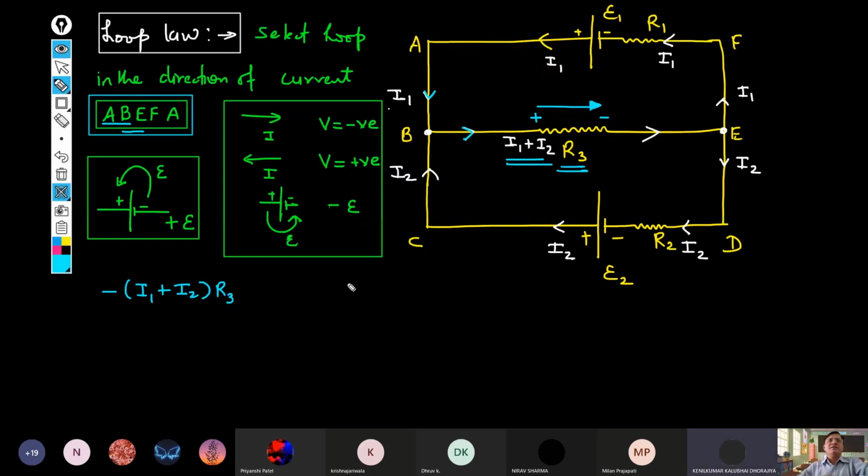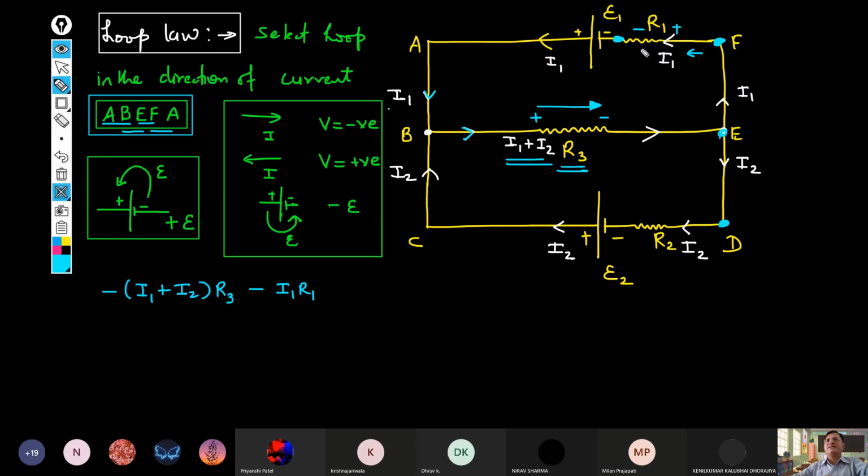Okay. Understood. Now from E to F, there is no resistance again, so nothing we will write. Now from F to A, first of all, I will talk about this much part only, R1. Again we are moving in the direction of current, so I will write minus I1 R1, because we are moving from higher potential to lower potential.